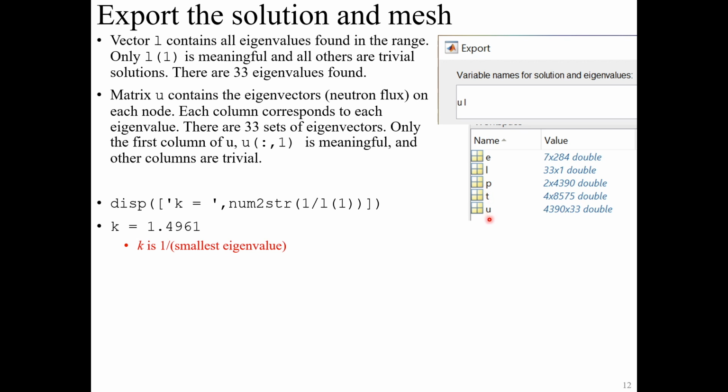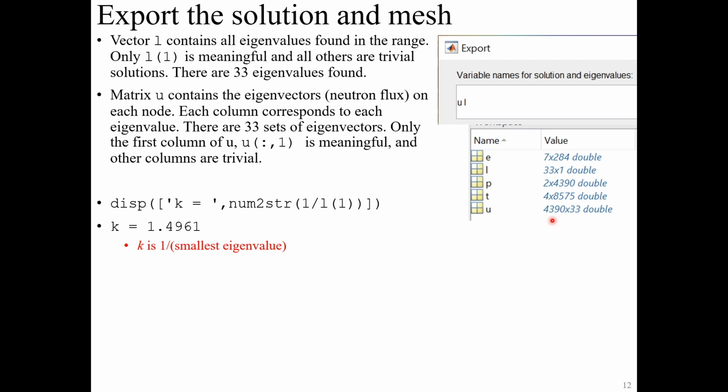The matrix U contains the eigenvectors. In this case, it is called the neutron flux on each node. You see that this U is 4390 by 33. So the dimension is 4390 by 33. We have 4390 nodes, which match the P, and it also has 33 columns.